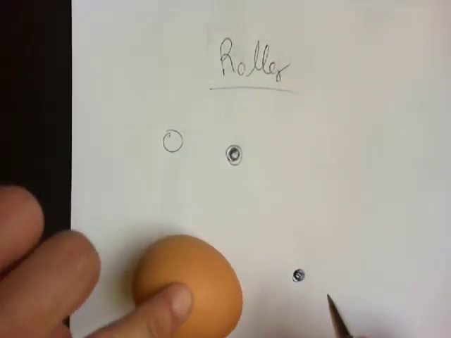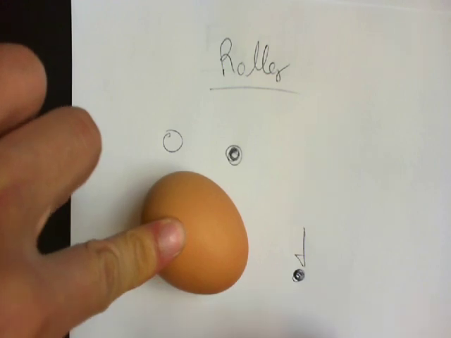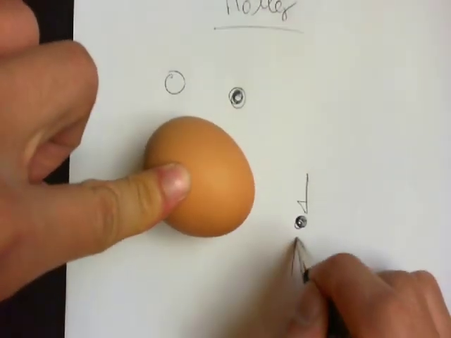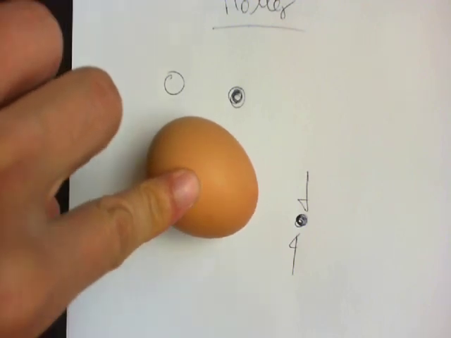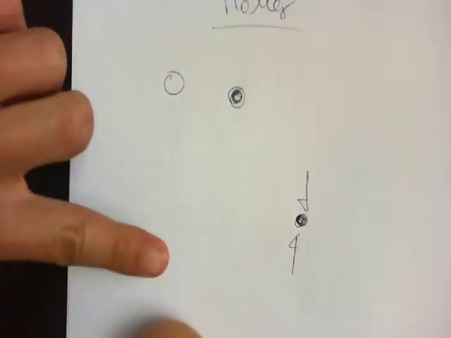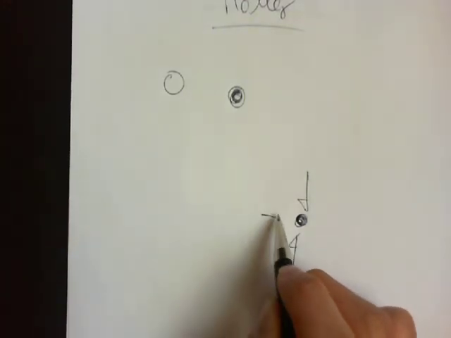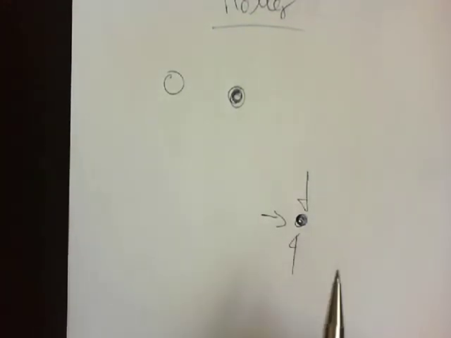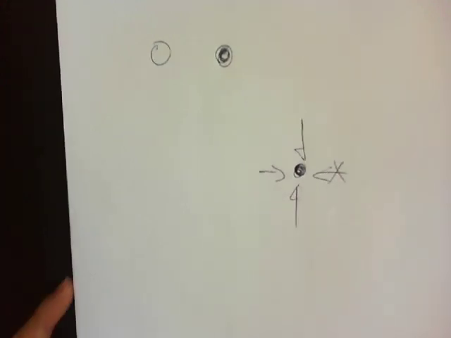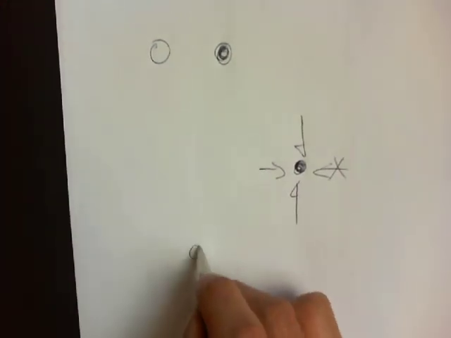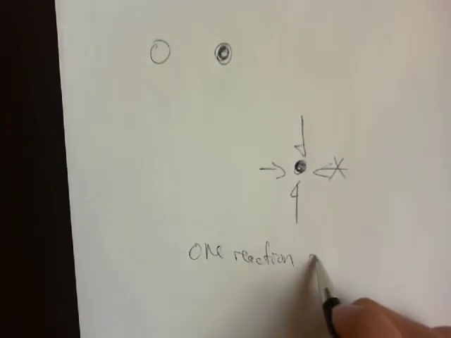If I press down on it like this, the egg or the roller is going to develop this force, so that it's staying still. However, if I press it like this, it'll move, right? If I press it like this, then there isn't a force to counter it. Okay? Therefore, a roller has one reaction, which is vertical.